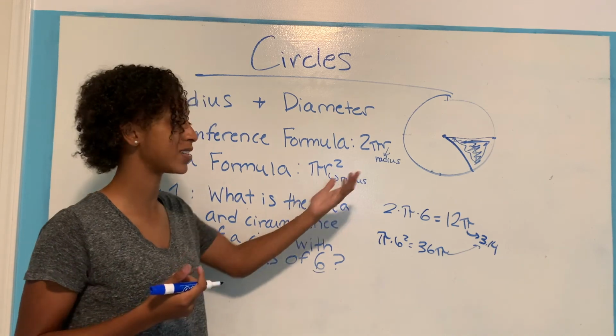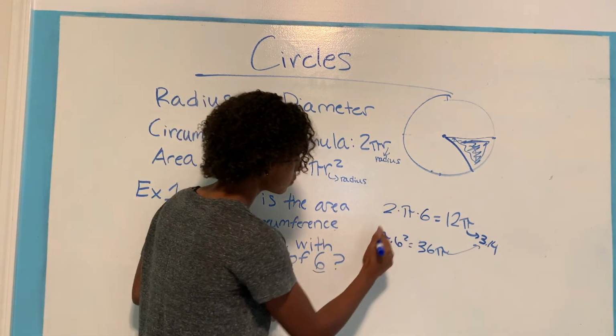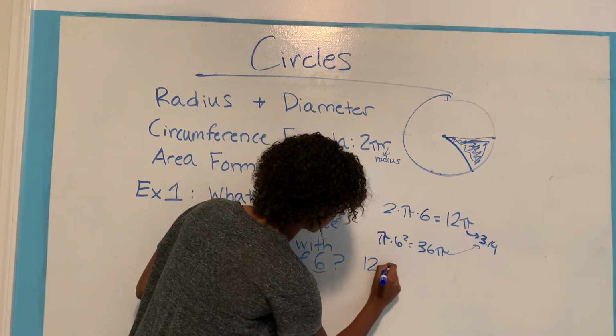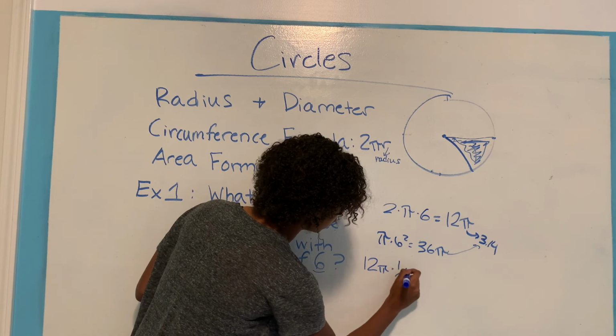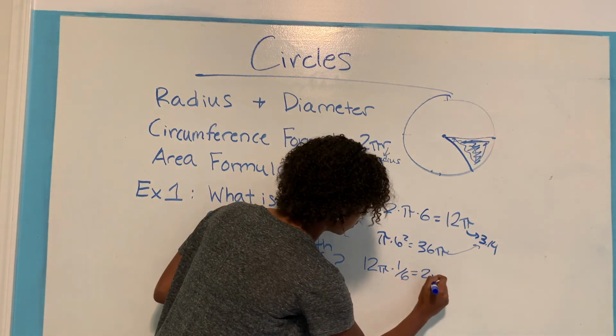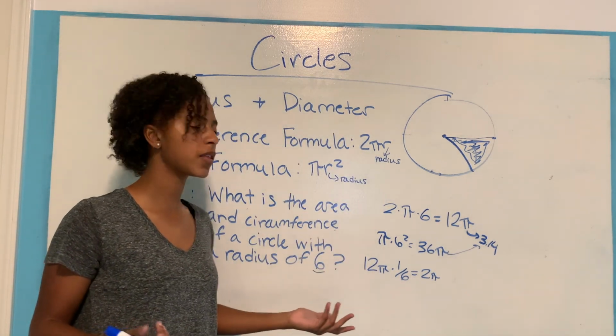So they asked for 1/6 of the circle, so that's just going to be that total circumference, which is 12 pi, times 1/6, or divided by 6. That would just get you 2 pi, right? And for the area, it's basically the same thing.